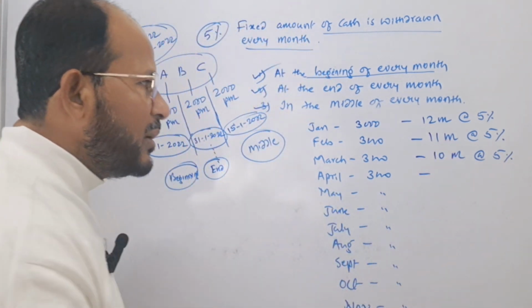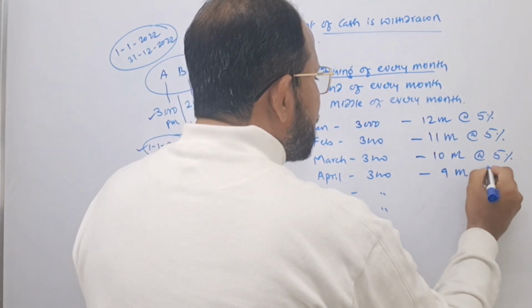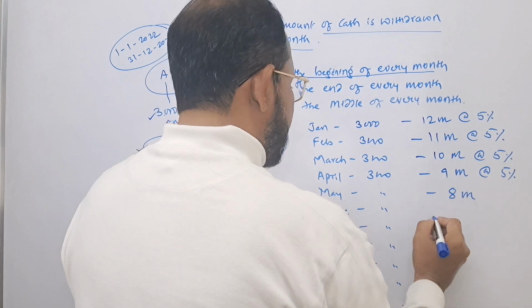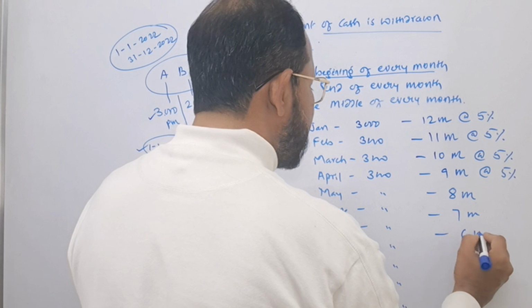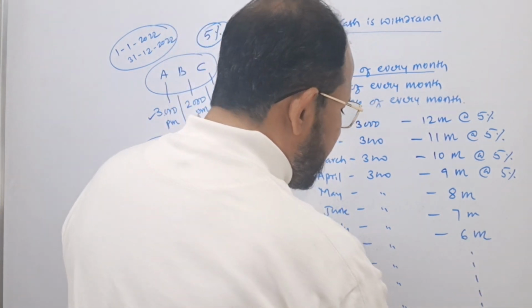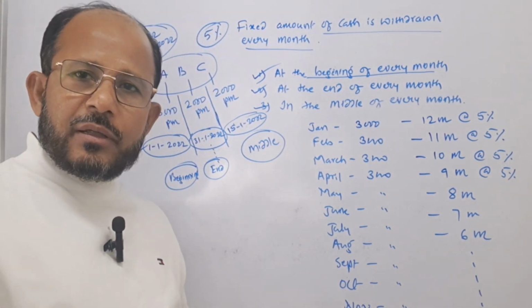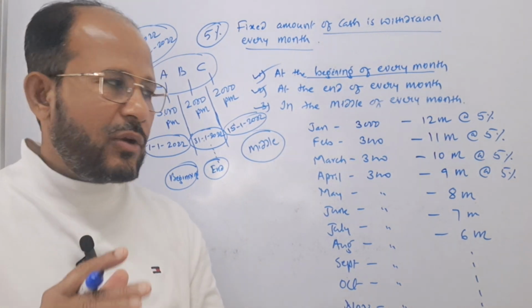Like this, it goes on in descending order. Next one comes to 9 months, then 8 months, 7 months, and 6 months, like this. In the month of December, since he has withdrawn the amount on 1st December, interest is to be calculated for only 1 month.